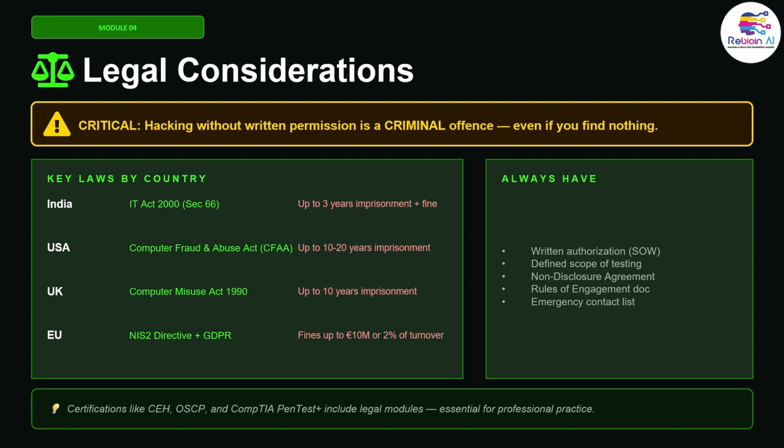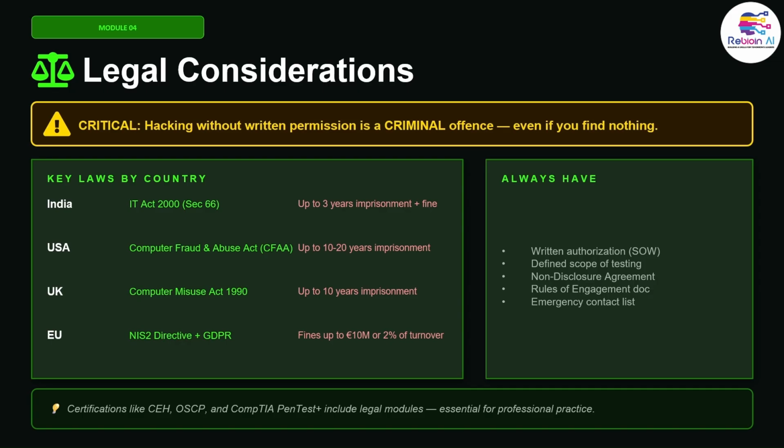Let's talk about UK and EU. The UK has the Computer Misuse Act 1990, up to 10 years. The EU has GDPR and the NIS2 directive. You can face fines in the millions for data related breaches.